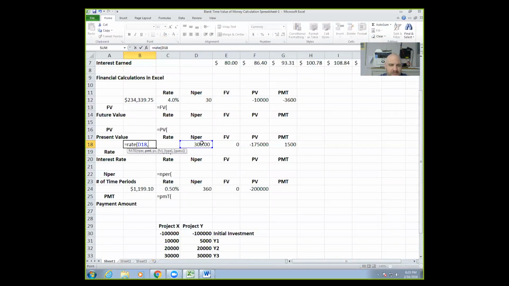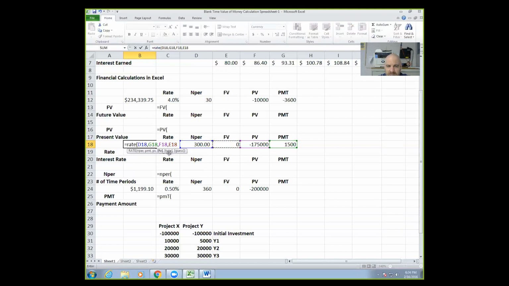You will want to enter these from the start as a rate function, so you know it's pulling the right information. So we did number of time periods, payment, comma. Again, as you go along, this is bolding what you need to put in next. Present value, comma, future value.